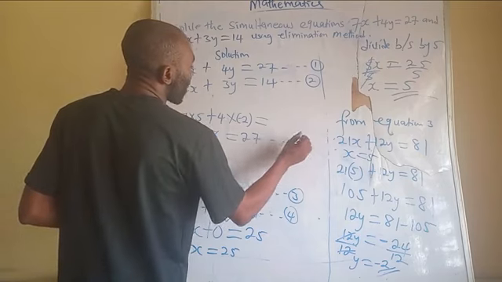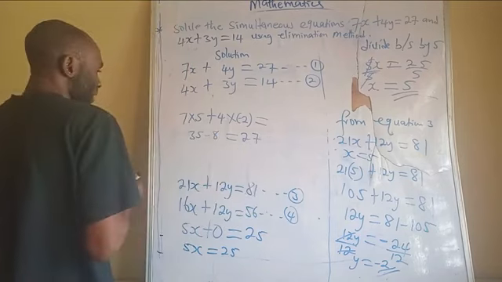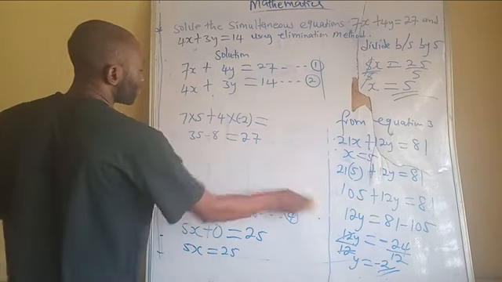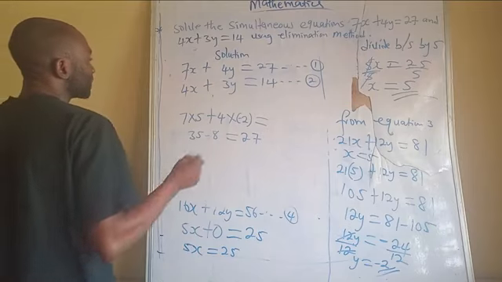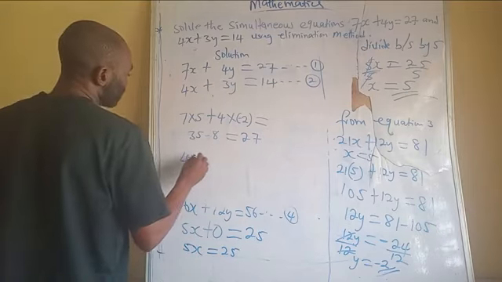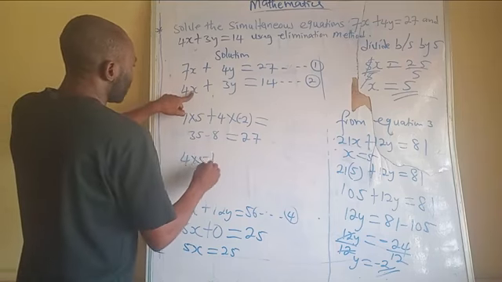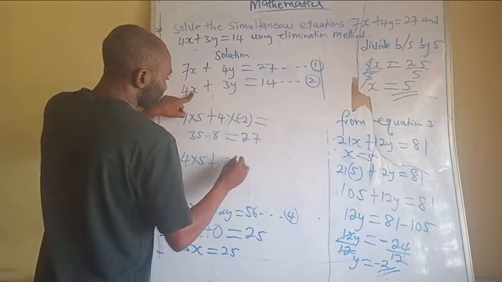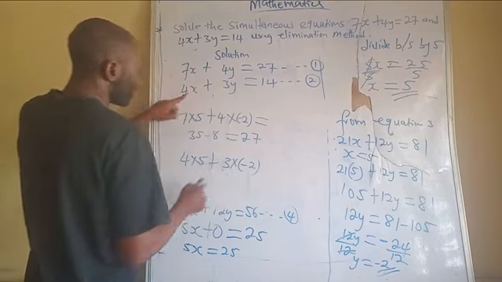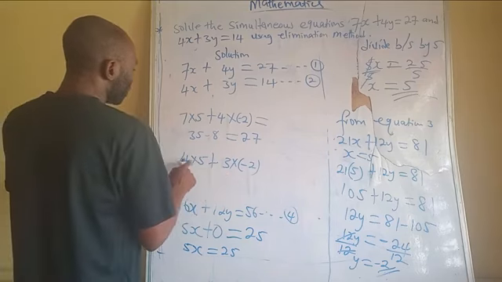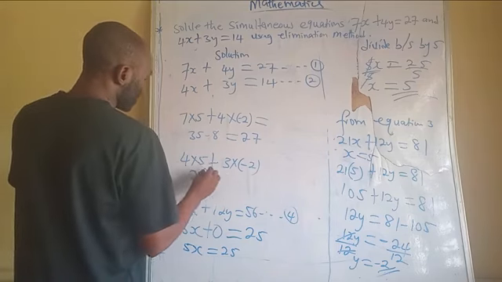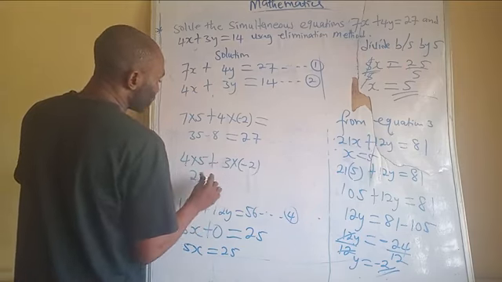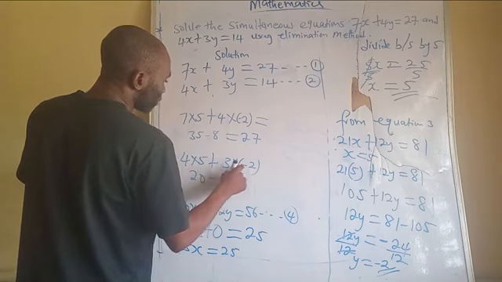So we are correct. And again, let's check for equation 2 if we are also right. 4 times 5, because x is 5, plus 3 times minus 2. 4 times 5 is 20, plus 3 times minus 2 will give us, so this sign will change to minus because of this minus.